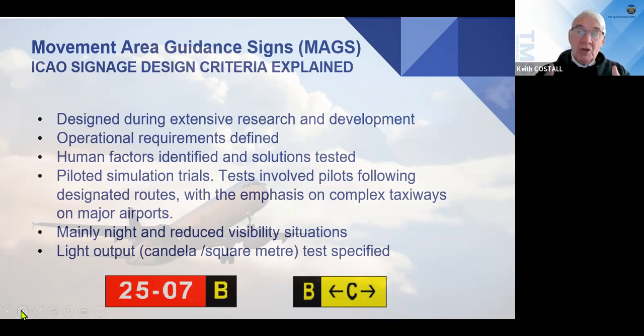So when we're looking at the pilot, then going back into the history and the development of the guidance signs, there were actually simulation trials with real pilots, with real aircraft. That was to follow designated routes in low visibility conditions. And in those low visibility conditions, of course, you have nighttime and we have the low visibility conditions. That's where the colors came into consideration.